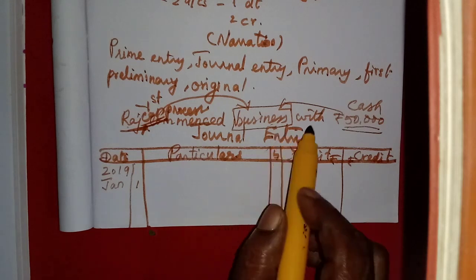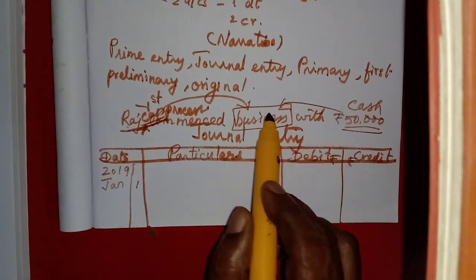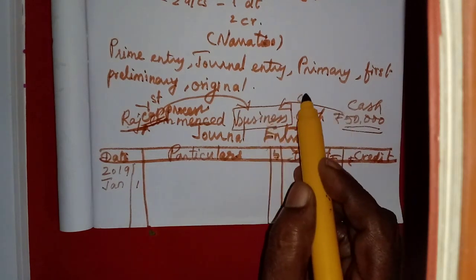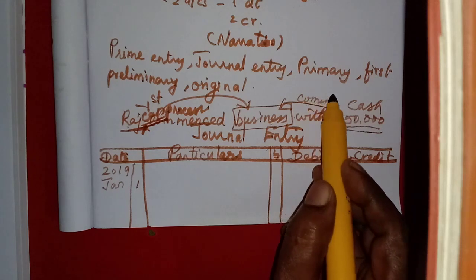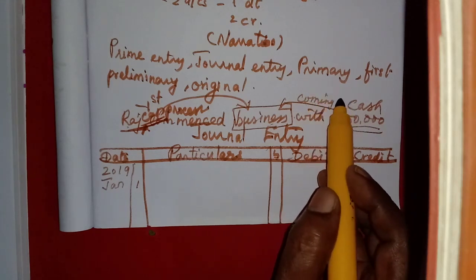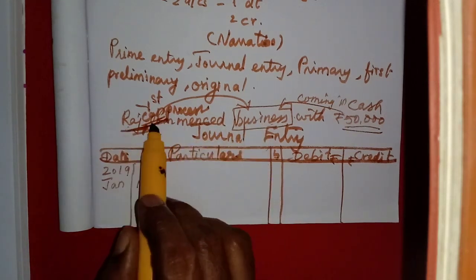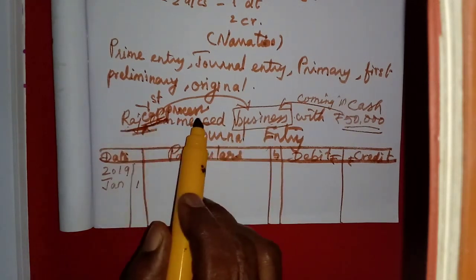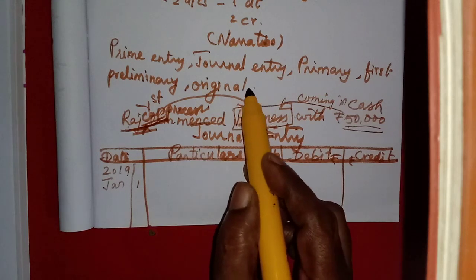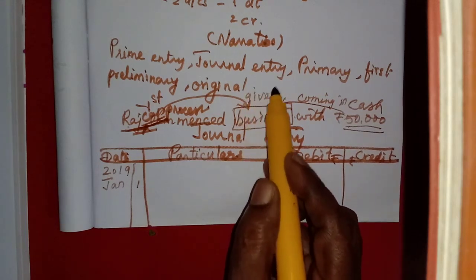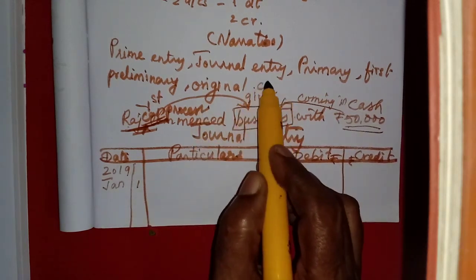Now which one should be debited? For the business, cash is coming in. So debit what comes in. For a personal account, debit the receiver, credit the giver. He is the giver, so we should credit.